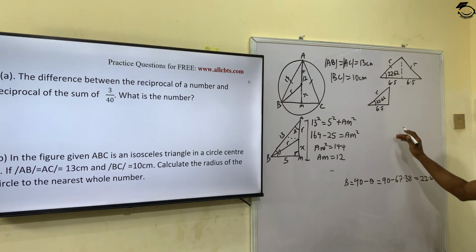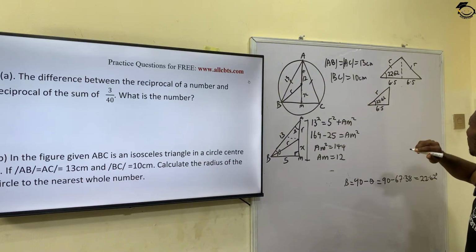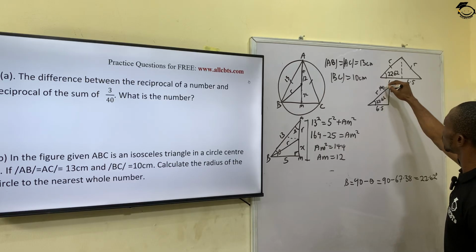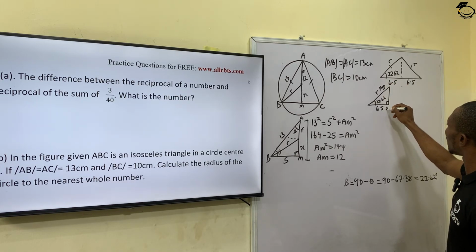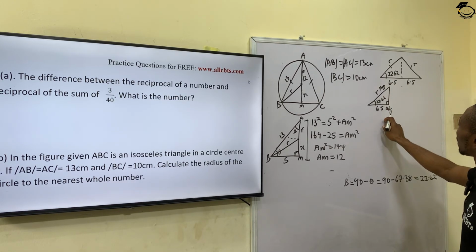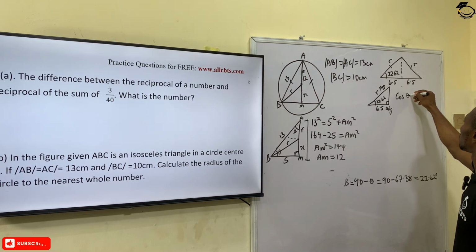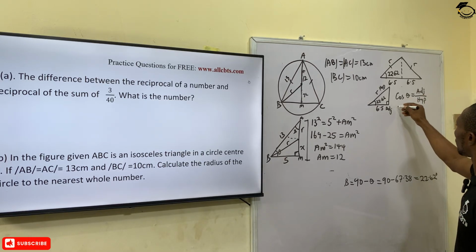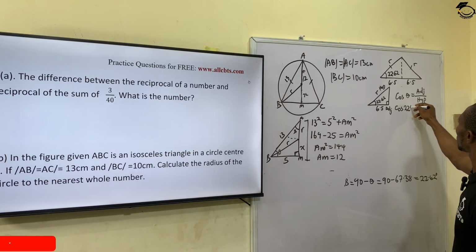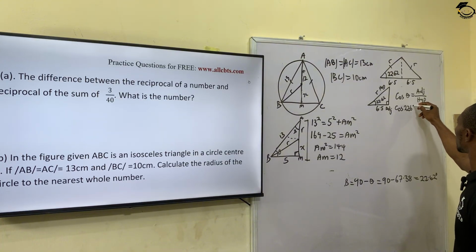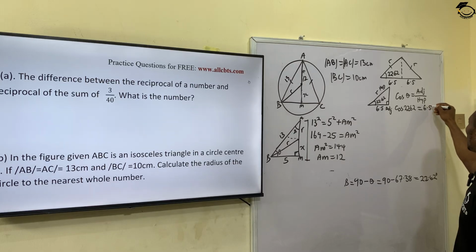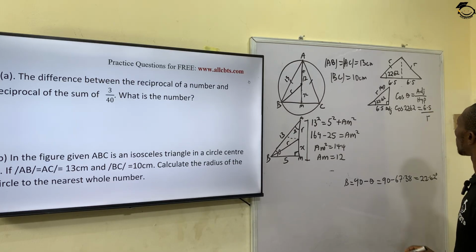So we can now find our radius using our angle, where we have hypotenuse and adjacent. So cos theta equals adjacent over hypotenuse. So now this will be cos 22.62 equals adjacent, 6.5, all over hypotenuse, which is our radius.